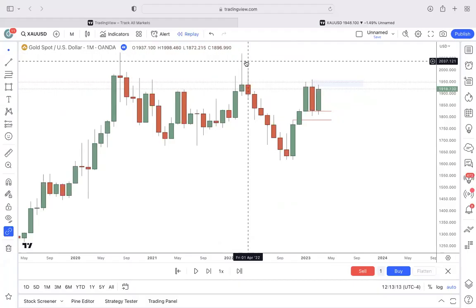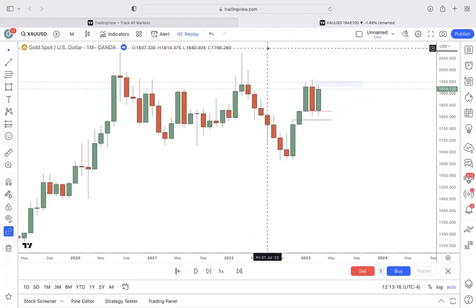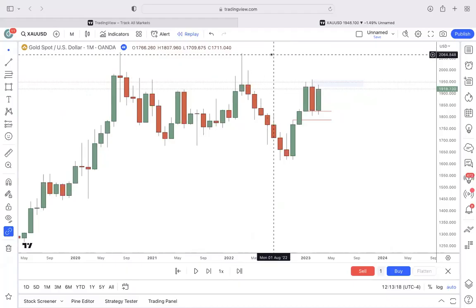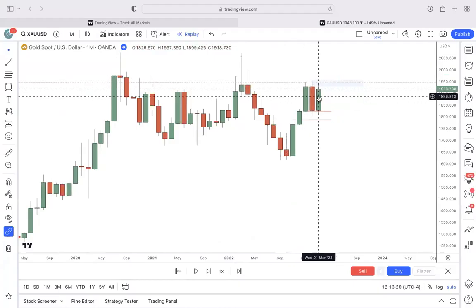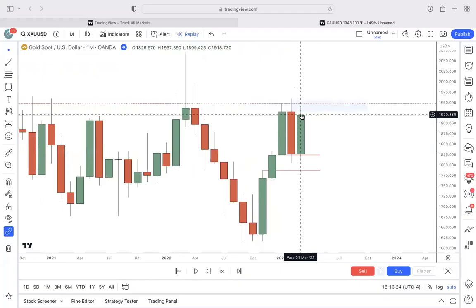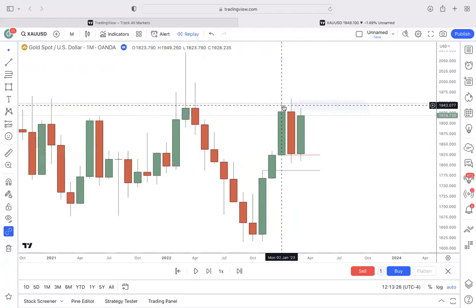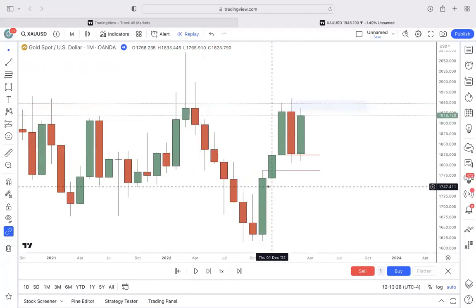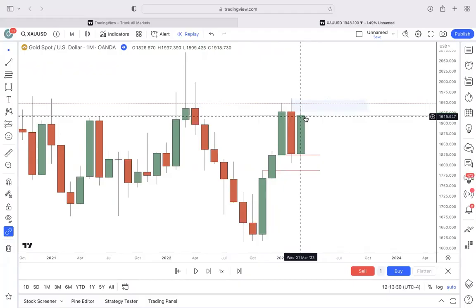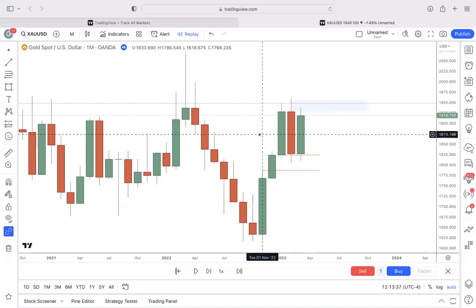And I remember when this was happening, I remember my mind telling me, I want this month to close above this bearish candle. So let's say you see a 1 hour bullish setup on gold. You want to come back to this monthly chart, okay? It would only make sense because this monthly candle is still trading.